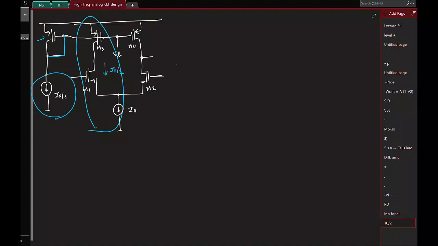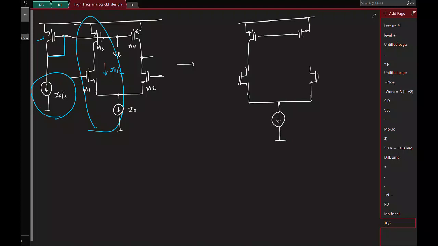So the NMOS has no change. At the PMOS, this is what we had originally, right? So what we want is to generate a bias voltage for this guy so that it carries a current I0 by 2. Here you already have the current I0 by 2, so we can basically do this.